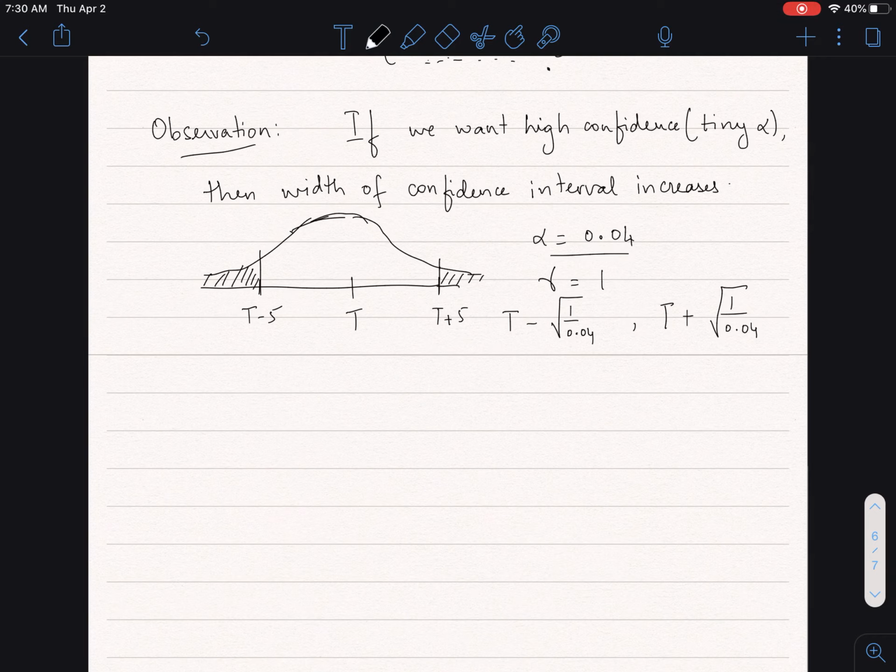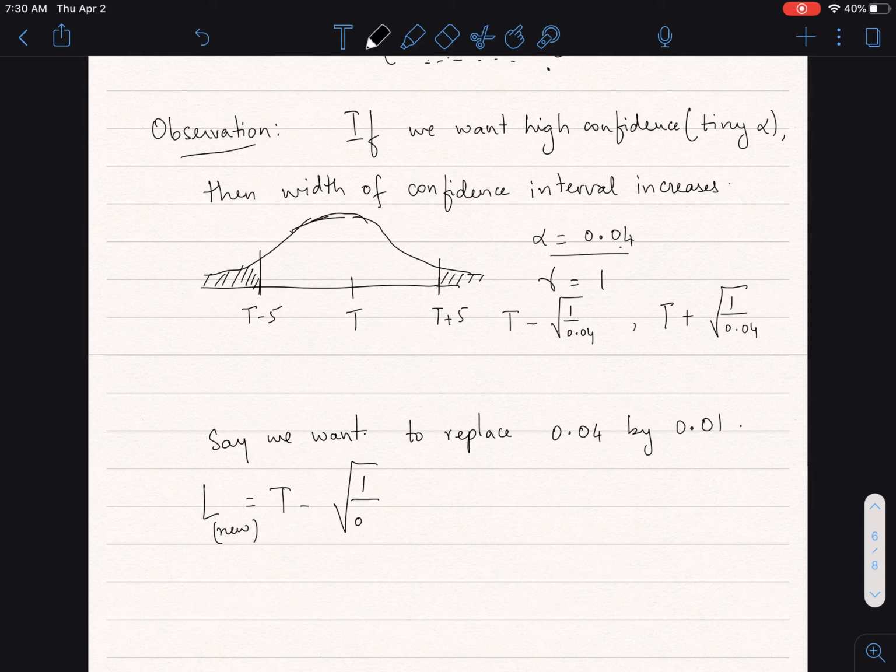Okay, and note that if I want to replace this 0.04 by, say, 0.01, that means alpha is smaller. Then what Chebychev's inequality will tell us is that if you want such a guarantee, your interval endpoints are now like L nu equal to t minus root of 1 by 0.01, which is t minus 10.